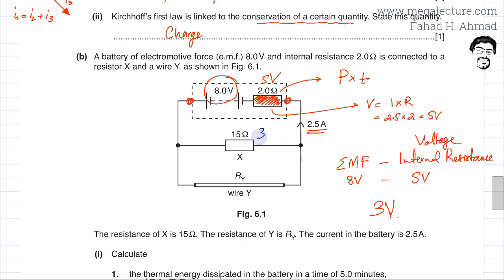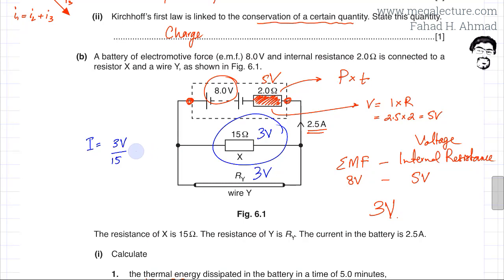So 3 volts would be on this resistance and 3 volts would also appear on this resistance. I know the resistance and I know the voltage, so I can figure out the current in this resistor. Since V is equal to IR, I would be equal to V, which is 3 volts, divided by R, which is 15 ohms.